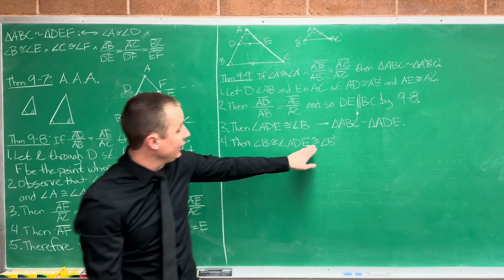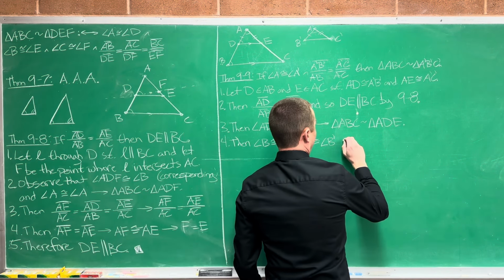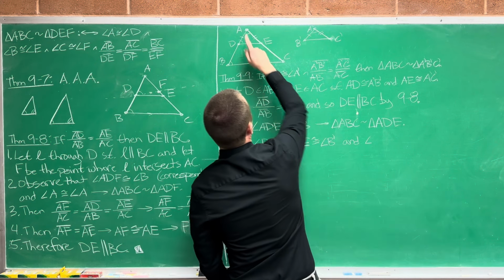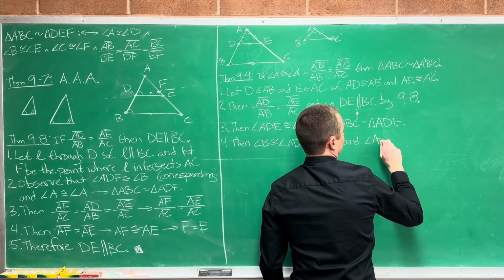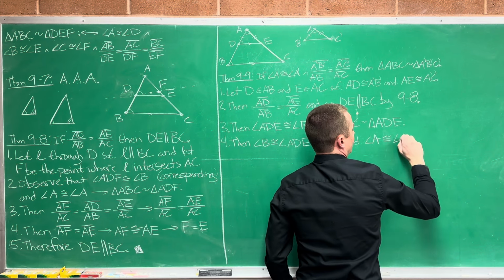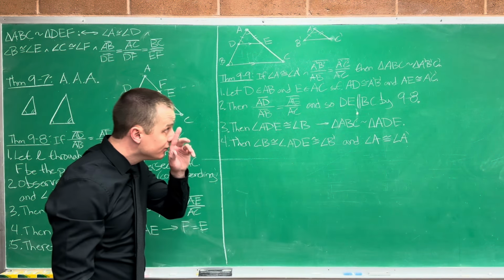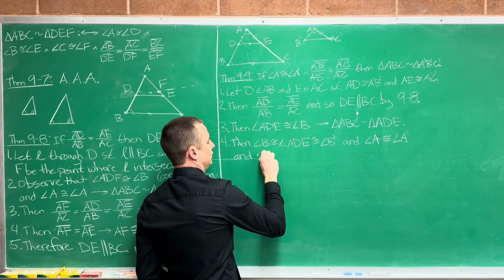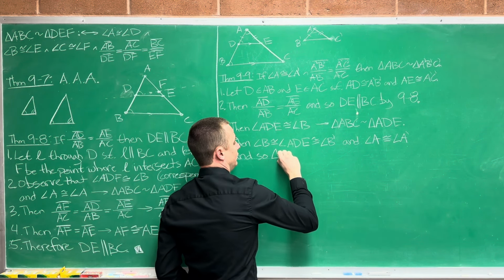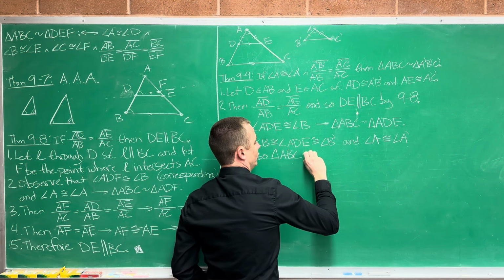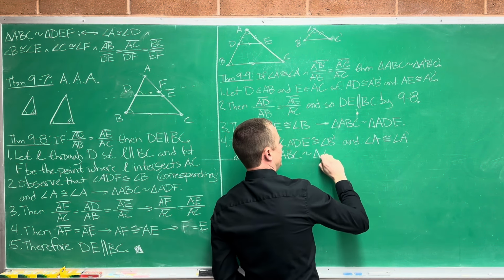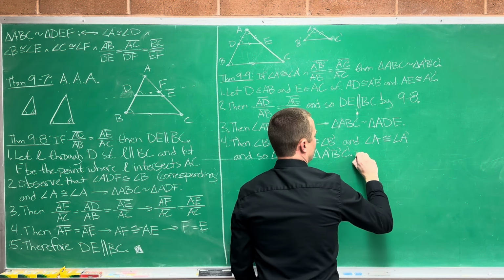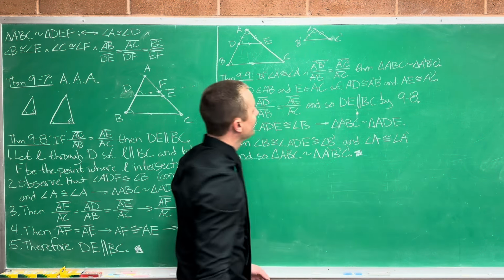So angle B is congruent to angle B prime, and angle A is congruent to angle A prime. You see that? And so triangle ABC is similar to triangle A prime, B prime, C prime. Good? Any questions on that proof?